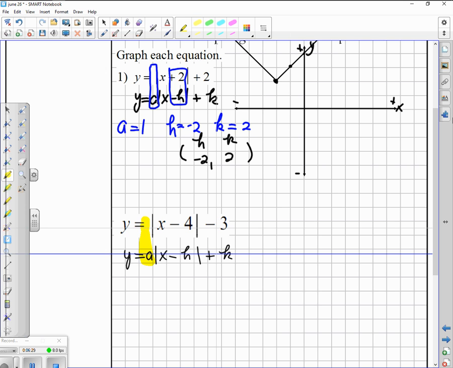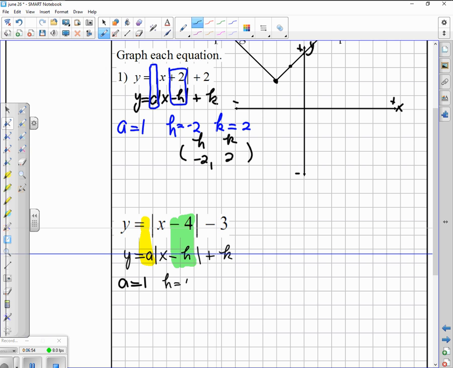There's nothing in there, so the a value in this case would be 1. Now, the h value is this right here. Remember, don't think of this as minus or negative, think of this as the opposite. The opposite of negative 4 would be positive 4. So the h value is 4.